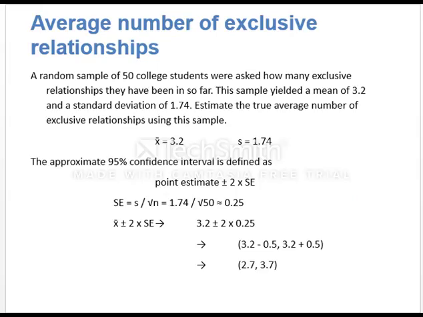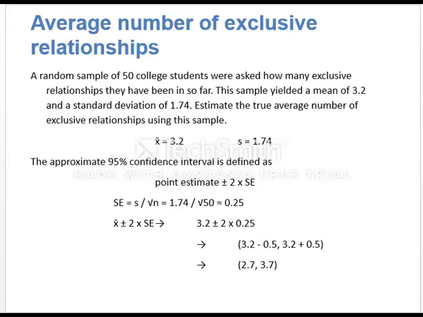So first we're going to use an application of a confidence interval. Here we have a setting. A random sample of 50 college students were asked how many exclusive relationships they've been in so far. We got a sample mean of 3.2, so on average 3.2 relationships, and a standard deviation of 1.7. Let me point out here, obviously, none of the students had 3.2 relationships.